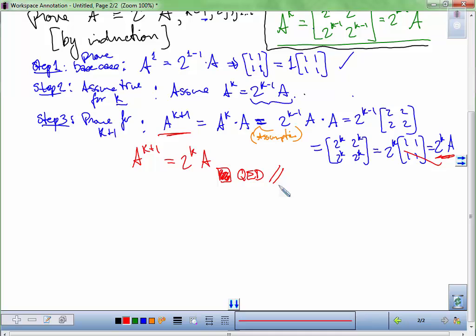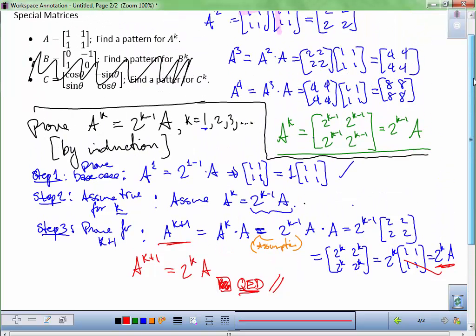That which was to be proven. So that's the end of the proof. That's the proof for the first one in finding the pattern and proving the pattern. All right? Wow, that's a good test question.